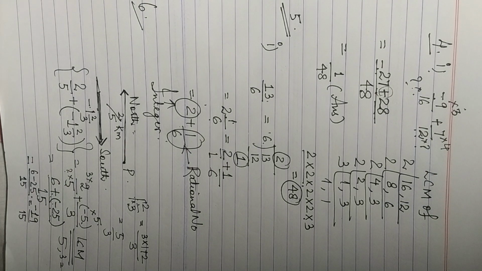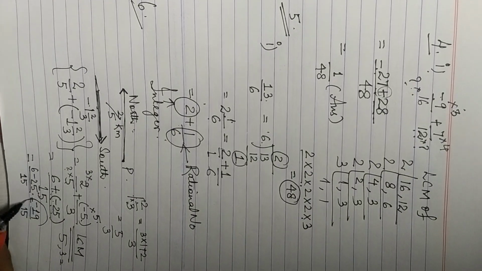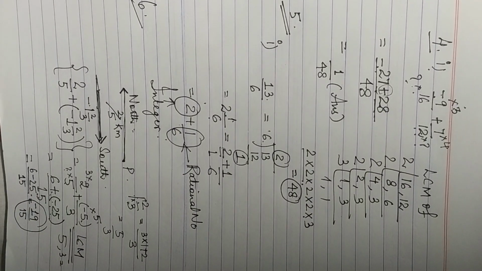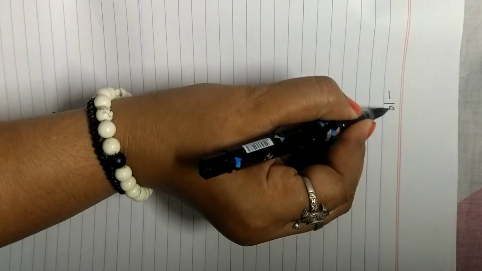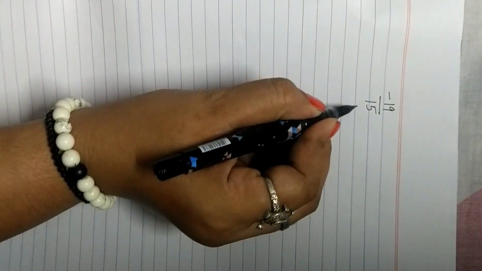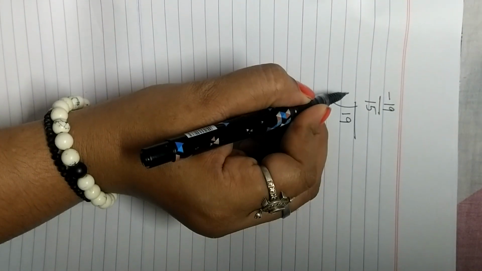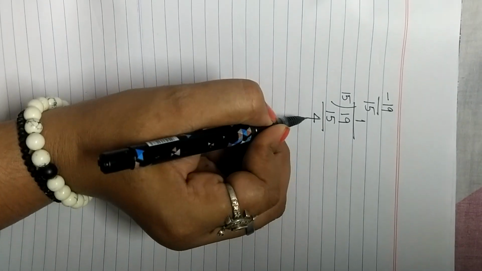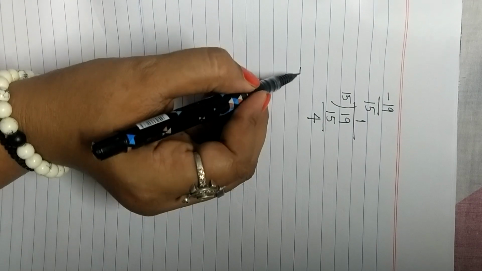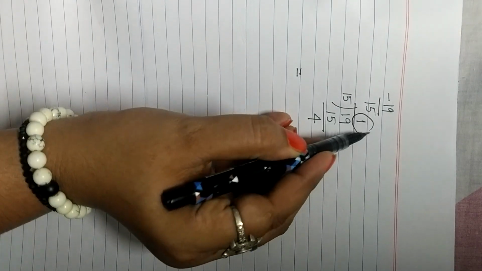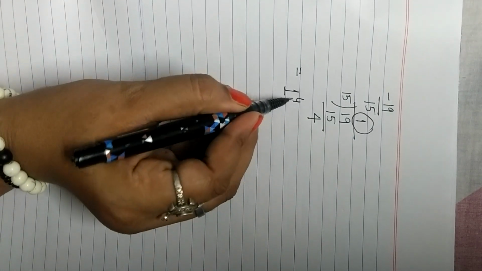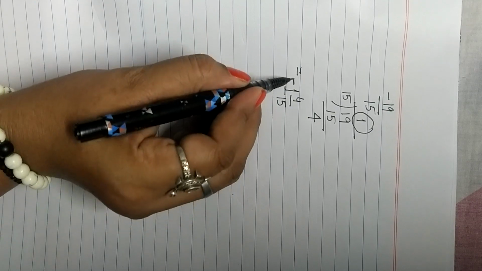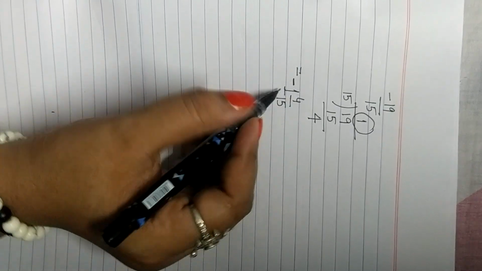Minus 19 upon 15 can be simplified and written in a simpler form by dividing it. If we divide 19 upon 15, 15 ones are 15 and we are left with a remainder of 4. I have not taken the minus sign here. So how am I going to write it? 1 whole 4 upon 15, but we had a negative sign because it is going in the opposite direction.